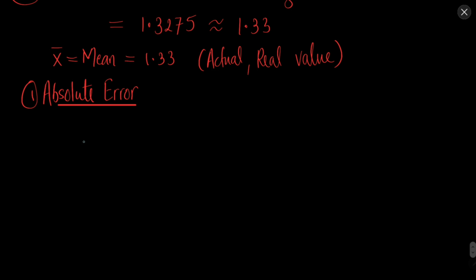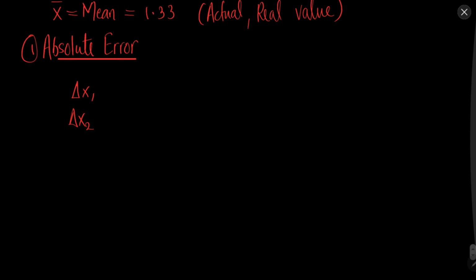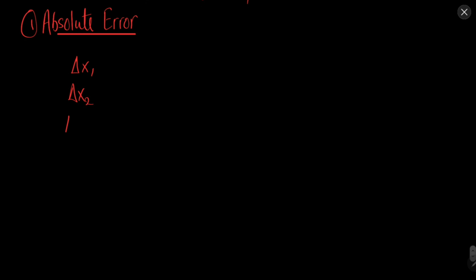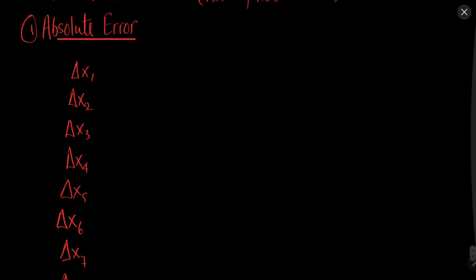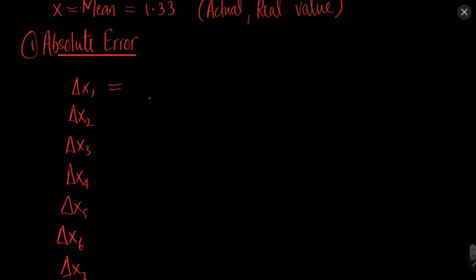So let's start with all these values. So delta x1, delta means change or the difference in the measurement of the first value, second value, third value, fourth value, fifth value, sixth, seventh, eighth. Okay, so what is the difference? We will take the modulus, remember.